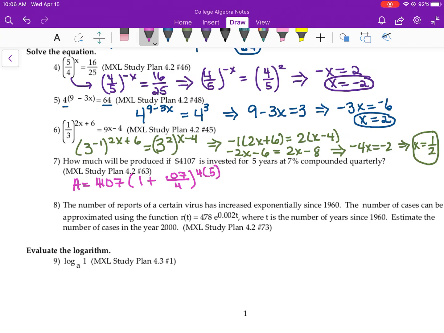I should be able to type that straight into my calculator. 4107 parentheses 1 plus 0.07 divided by 4, all raised to the 20th power. $5,810 and 49 cents.